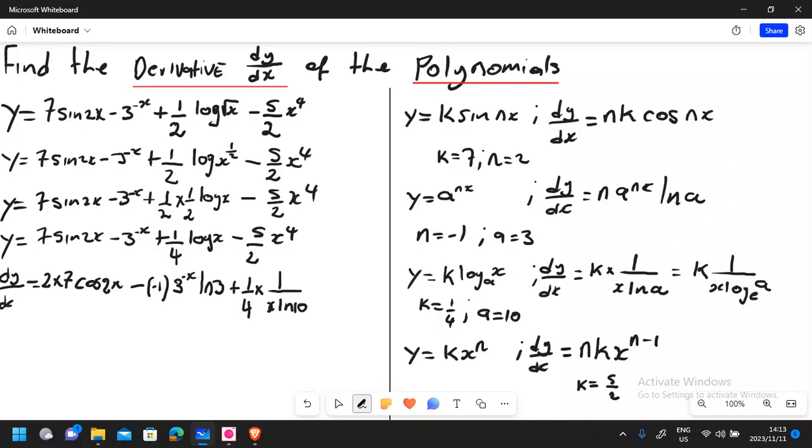And our n is equal to 4. So let's do the derivative. As we derive, what we need to do is take this part here and apply it there.